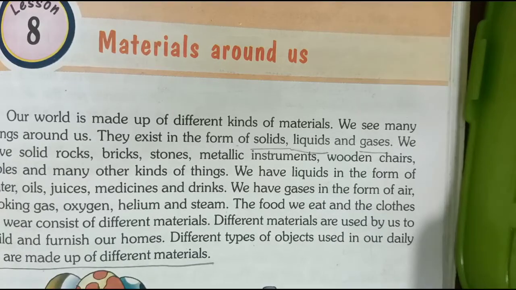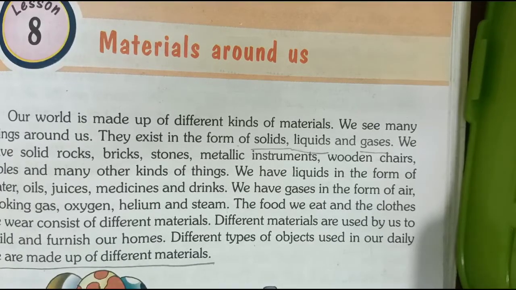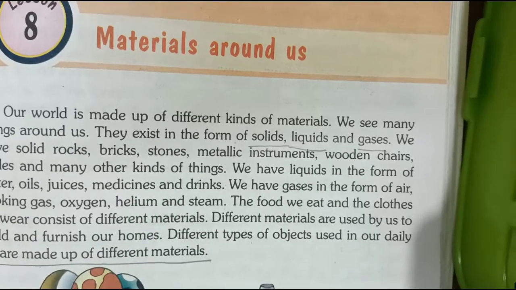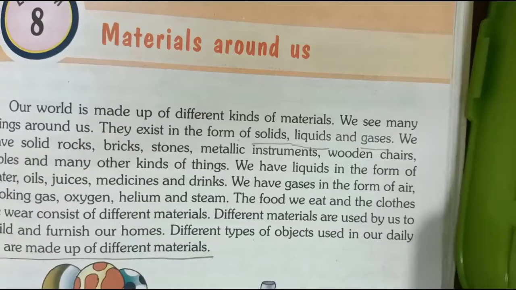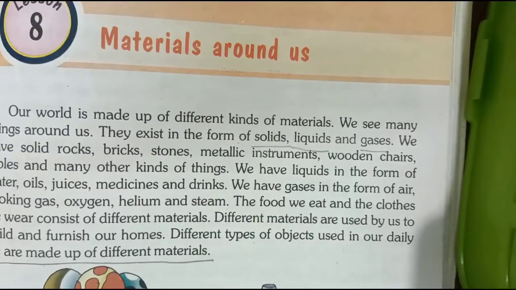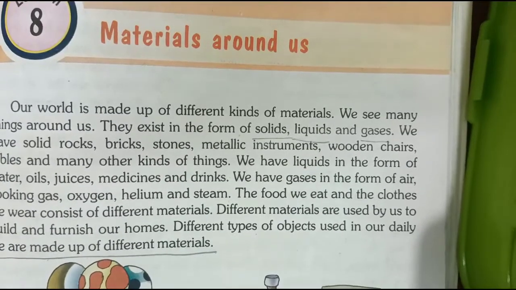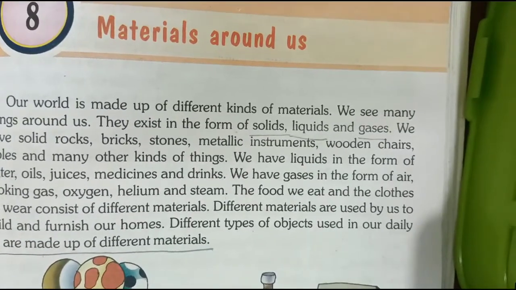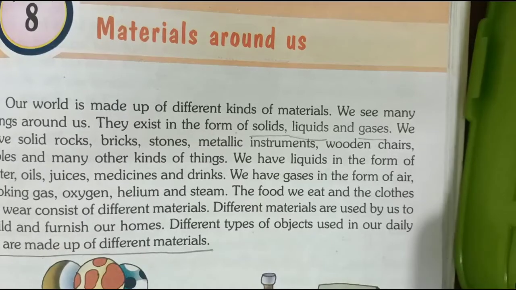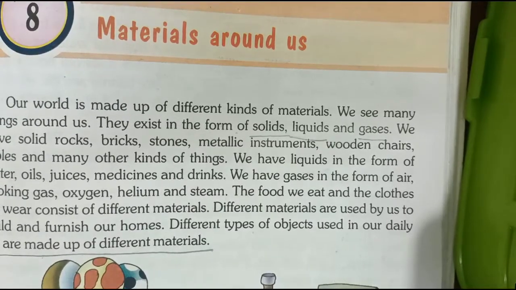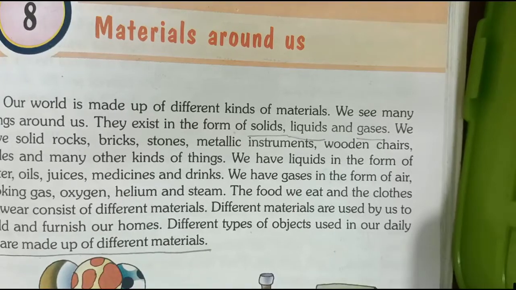Solid, as we take an example: our book is solid, our pencil is solid, our eraser is solid. These are solid things. On the other hand, liquid things are, for example, water, milk. These are liquid things.